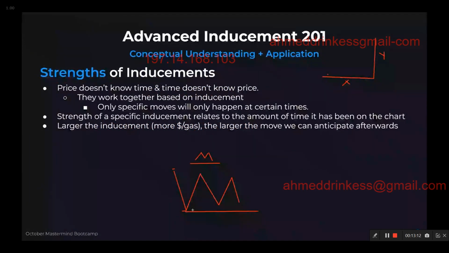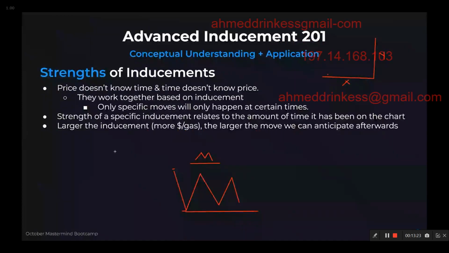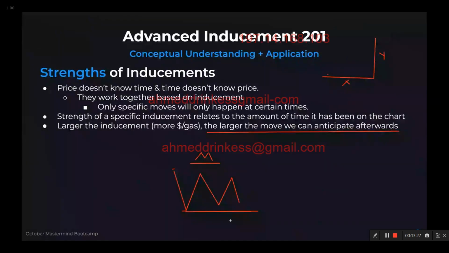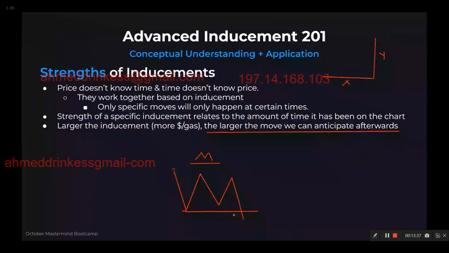There's a ton of liquidity below here because the time frame that the inducement is on is directly related to the amount of gas or money that is lying below it. The larger the inducement, the larger the move we can anticipate afterwards. So as soon as this inducement was taken out on the monthly time frame for GU specifically, there are a ton of pending orders below here for years, decades.